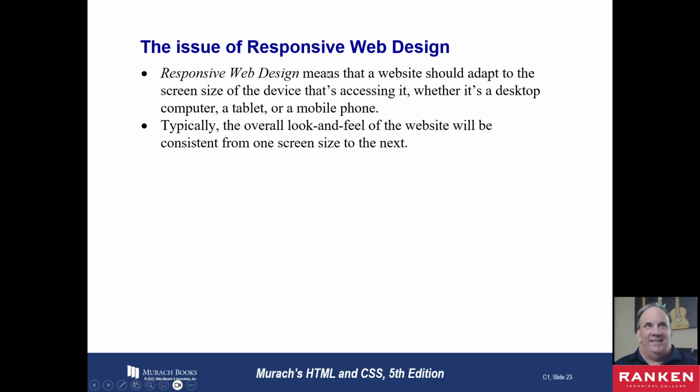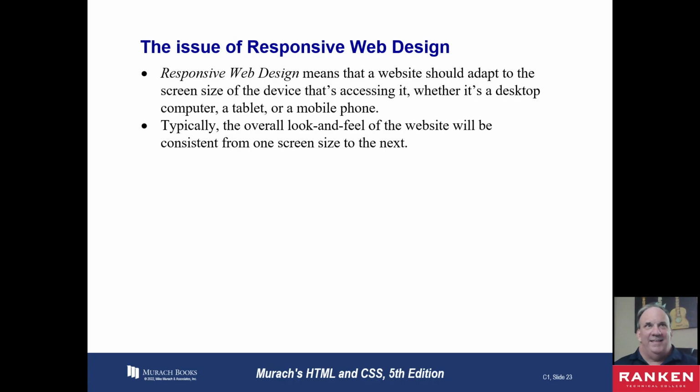Responsive web design means that a website should adapt to the screen of the device, right? Take ESPN, for example, and I'll demonstrate this in a minute. You go to the ESPN site on a phone, and you do it in a browser on a desktop computer.